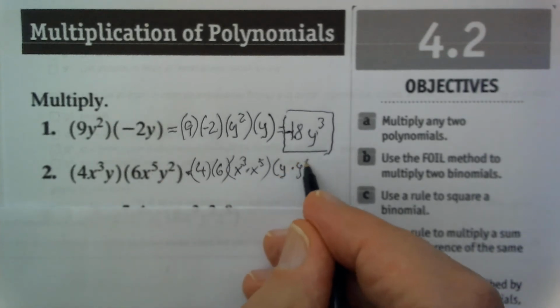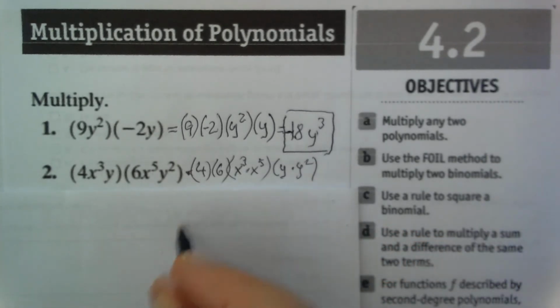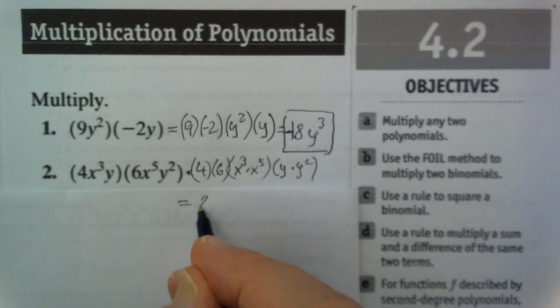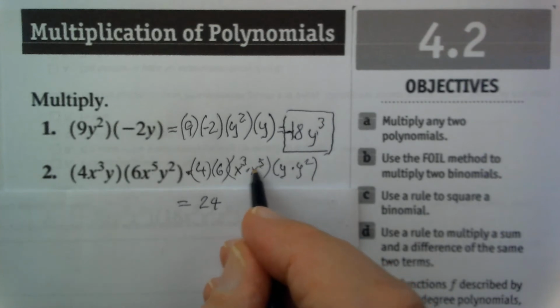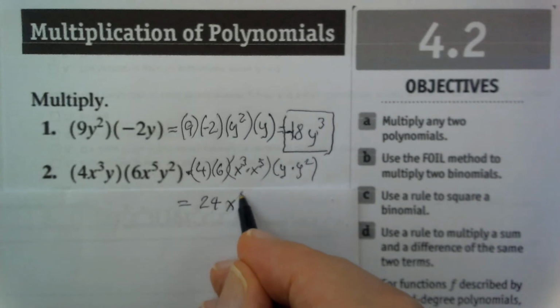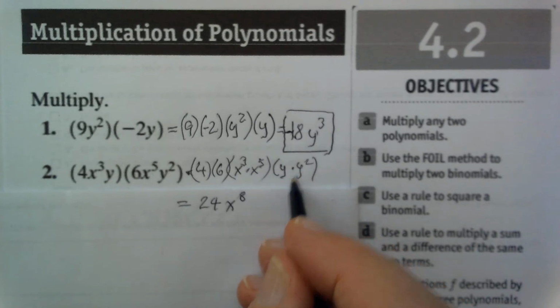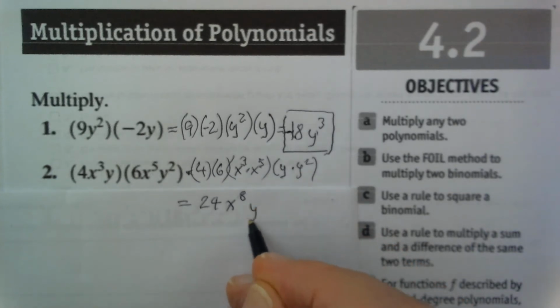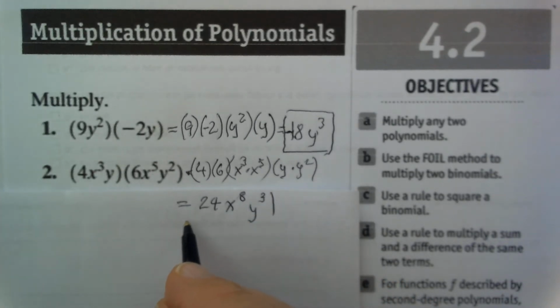So then the answer is simply 4 times 6 is 24, and x to the third times x to the fifth is x to the 3 plus 5, or x to the 8th, that's the product rule for exponents. Then y to the first power times y to the second power is y to the 1 plus 2, or y to the third power. So it's 24 x to the 8th y to the third power.